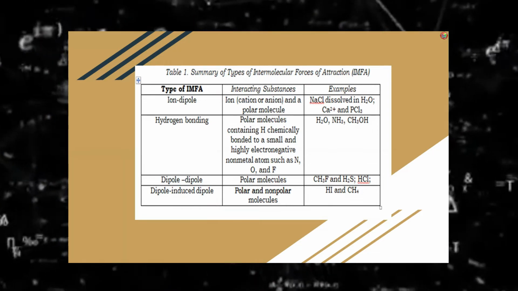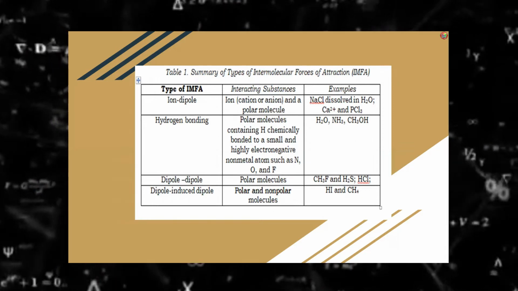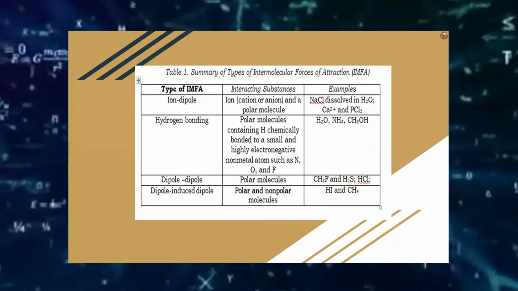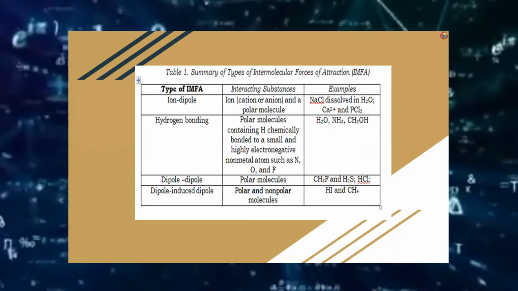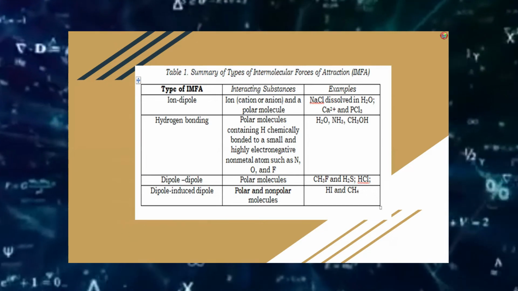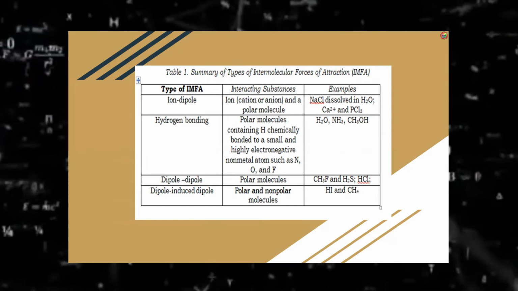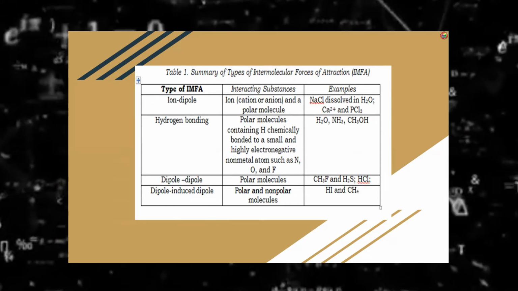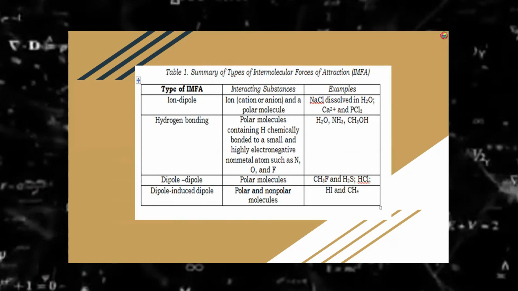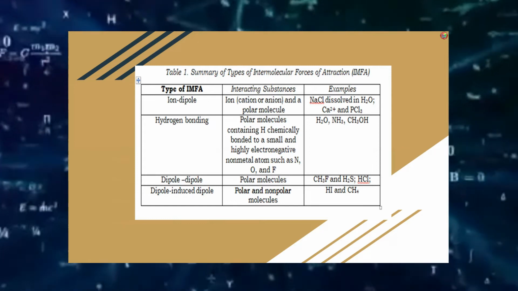phosphorus chloride. Hydrogen bonding is another type of IMFA. The interacting substances are polar molecules containing hydrogen chemically bonded to small and highly electronegative nonmetal atoms such as nitrogen, oxygen, and fluorine. Examples are water, ammonia, and methyl alcohol. Another one is dipole-dipole, with polar molecules as the interacting substance, and examples are metal fluoride, hydrogen sulfide, and hydrogen chloride.